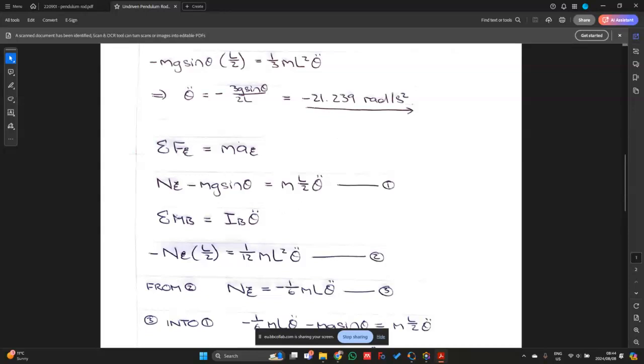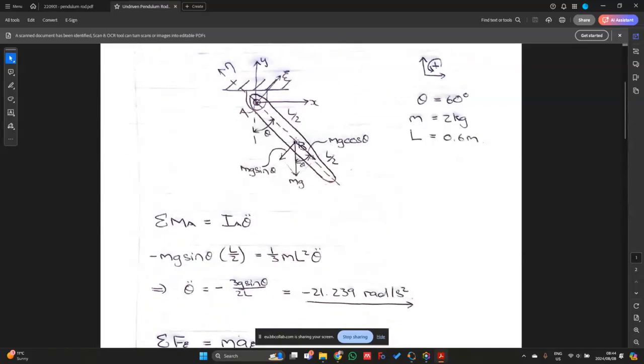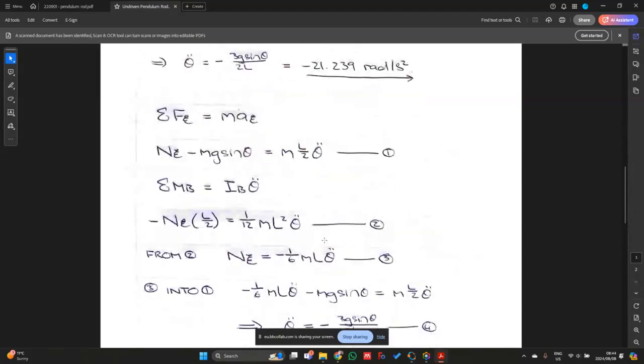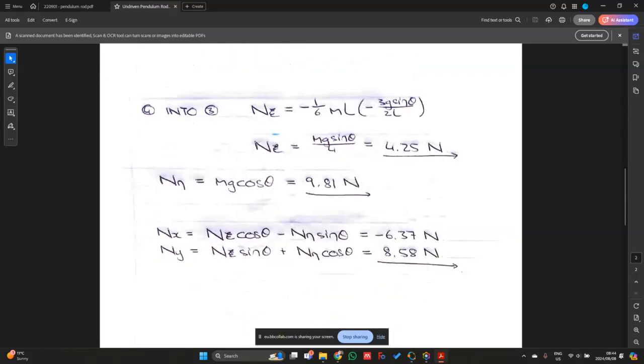Then I can also apply the moment equilibrium about point B. Point B is the center of mass, so in that case, I'm going to use the center of mass moment of inertia. That's the 1/12 ml squared that we have over there. If I solve that problem, then the reaction force in xi is given as -1/6 ml theta double dot.